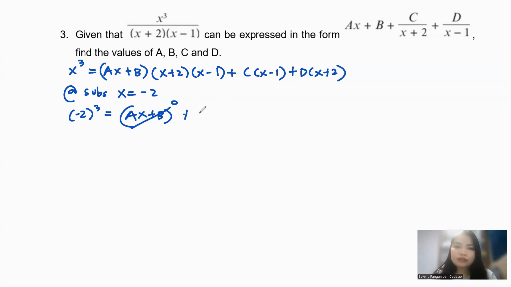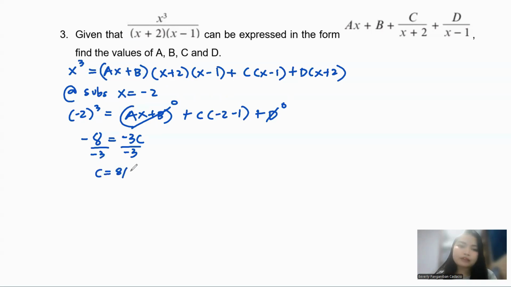The c will not be cancelled because you're going to have negative 2 minus 1 there. And the d is going to be canceled because it will be 0. Therefore, your negative 2 cubed here will be negative 8 divided by negative 3c. Divide both sides by negative 3, negative 3. Then your c will be a positive 8 over 3.